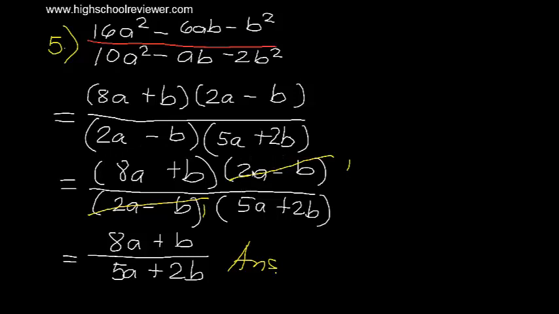We can cancel out the quantity of 2a minus b. What will be left will be 8a plus b all over 5a plus 2b. And this is our final answer.